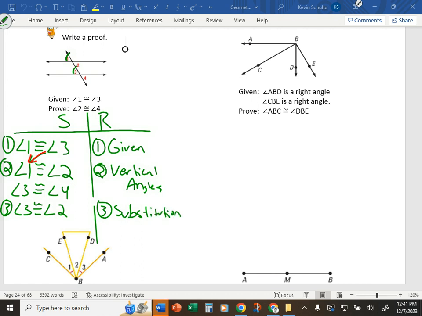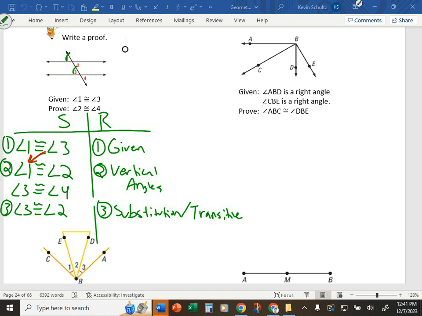Okay? Now, because we are using 3 parts here, we're using 1, 3, and 2, you could also make an argument that it could be the transitive property. So either one would be acceptable because it does include 3 parts. But what we did was we substituted angle 3 in for angle 1 because if 1 is 3 and 1 is 2, why not just say the 3 is 2? It's all the same thing.